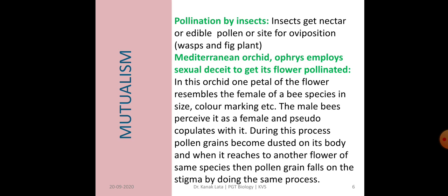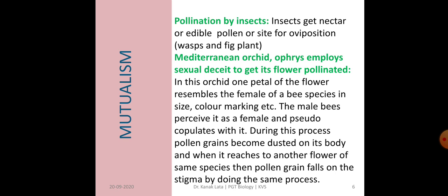Another example of mutualism is pollination by insects. In this case, the plant is pollinated by insects, and in turn, insects get a reward in the form of nectar or edible pollen, or also a site of oviposition, meaning laying of eggs. This laying of eggs is seen in wasp and fig plant.